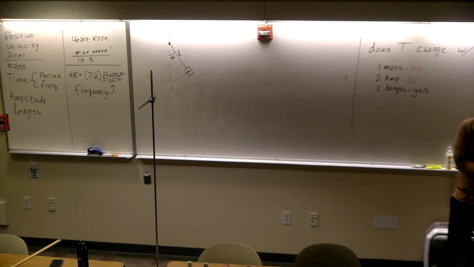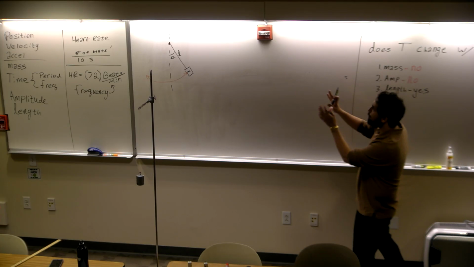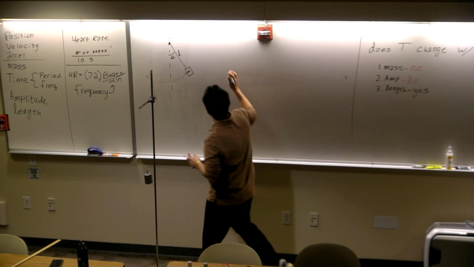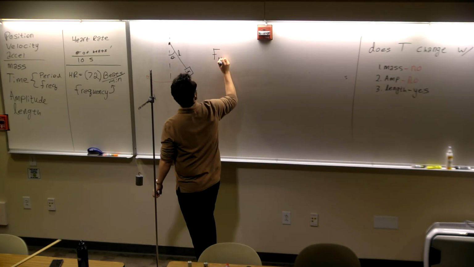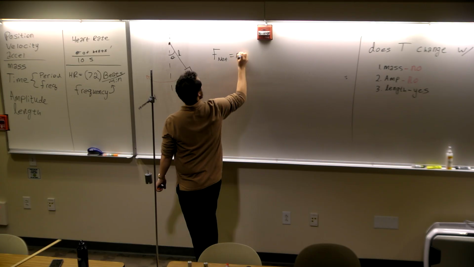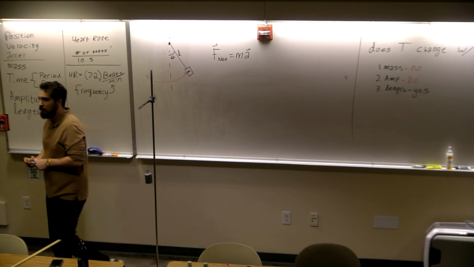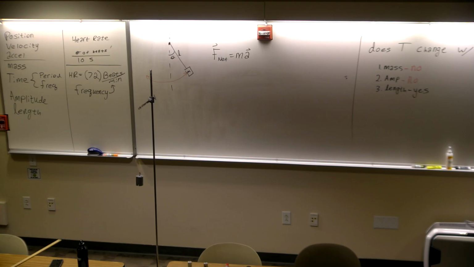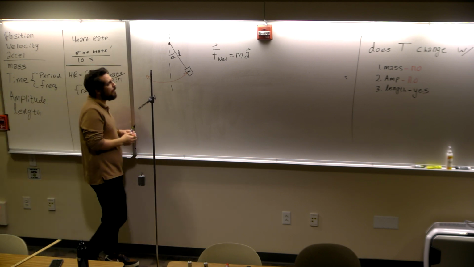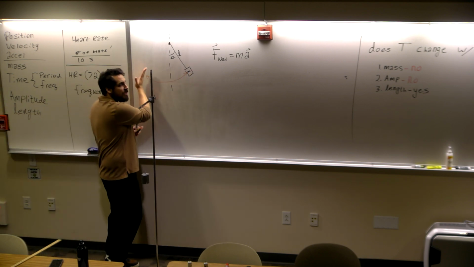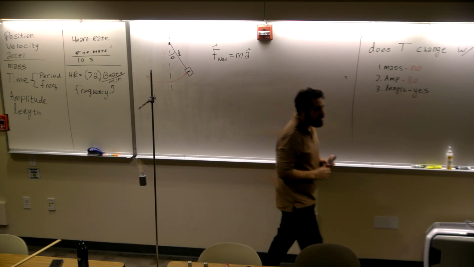So we want to examine this and we want to say, okay, how do we approach this problem? We approach this problem by considering Newton's second law, that the net force is mass times acceleration, where here the force is going to be the force that is moving our object in the direction of this path.